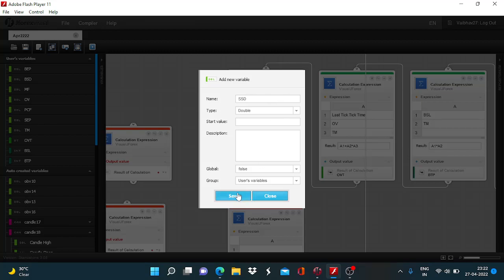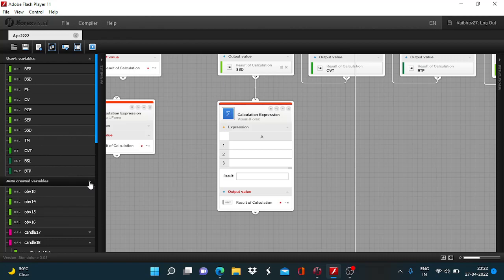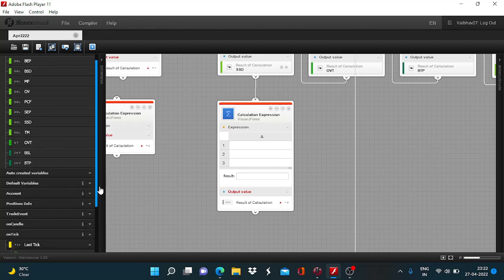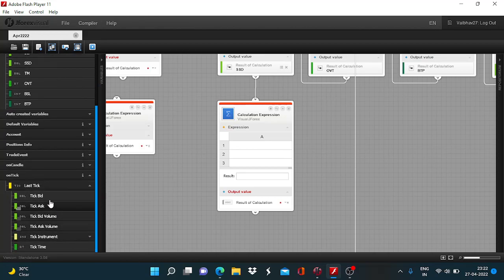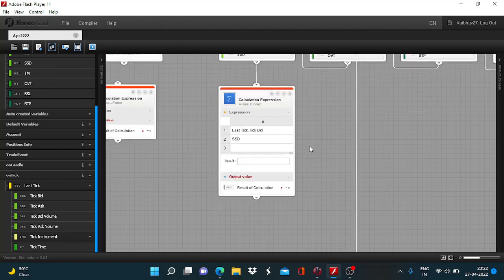All right. And whatever is that difference, we will deduct it from last tick price. So on tick, last tick bid minus the difference between these two 15-minute candles.